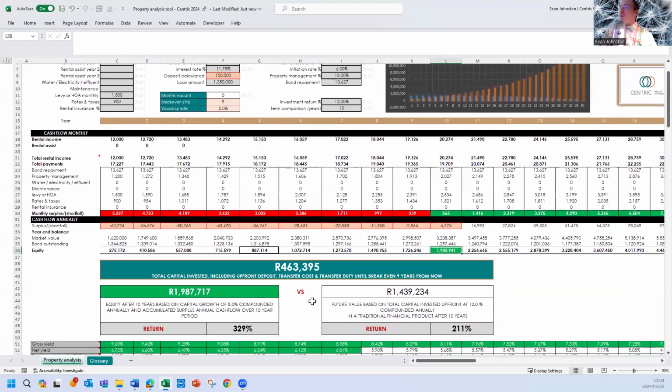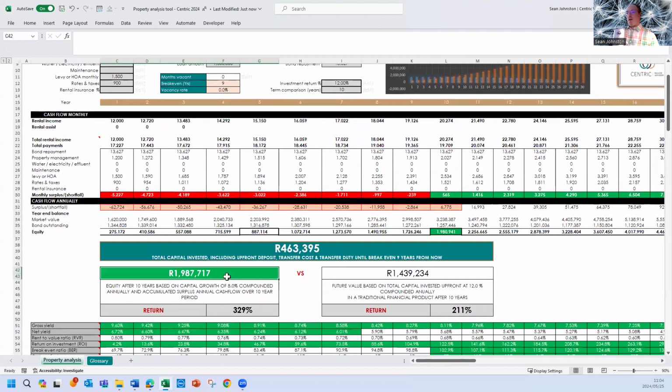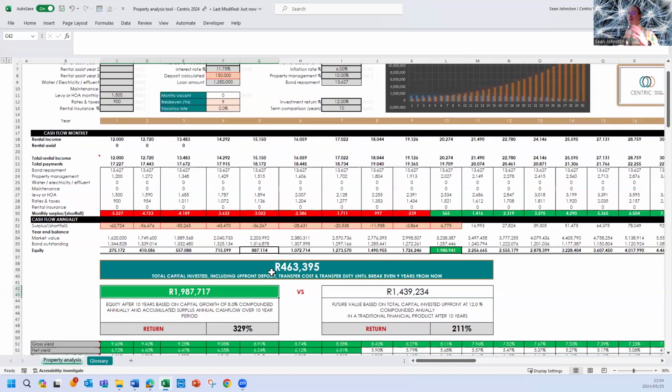But as an investment return, you will then look at what is the equity plus any surplus capital. In this case, there's none. You're looking at 1,987,717. And the reason why we are looking at that, because we're also adding the 6,775 to that. So there's actually just a very small portion in your 10th year, which we add into the equity. So we're looking at 1,987,717. That is the amount at break even, or after 10 years, sorry, because we're looking at 10 years.